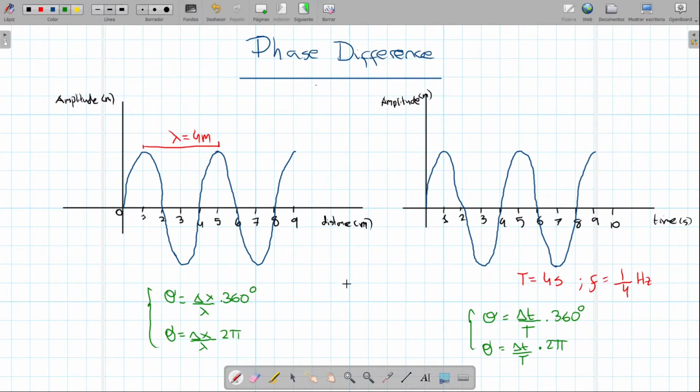I don't like to remember formulas, I like to understand them so I can remember the formulas in an easier way.